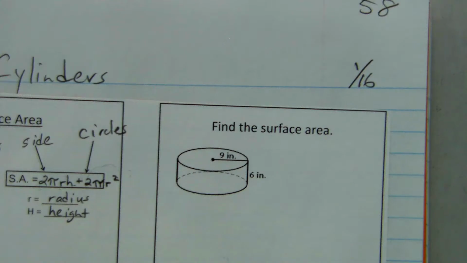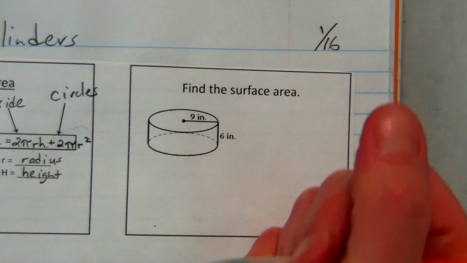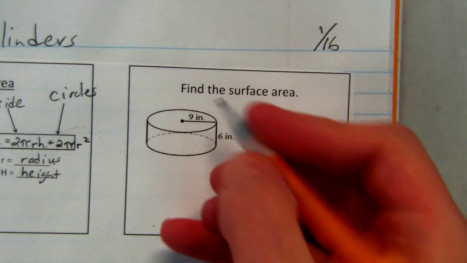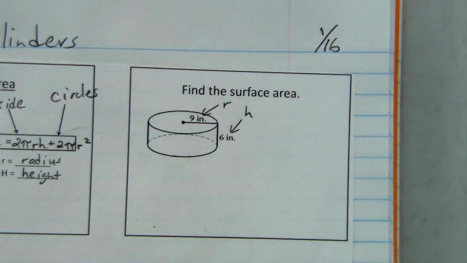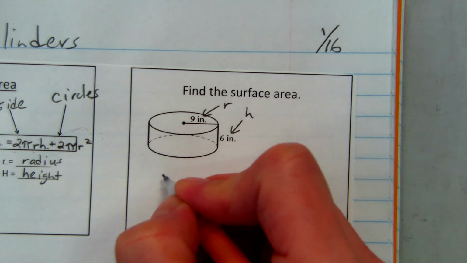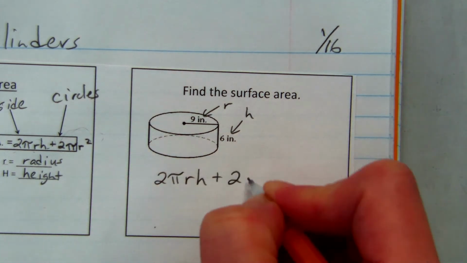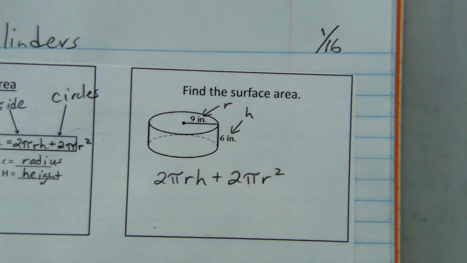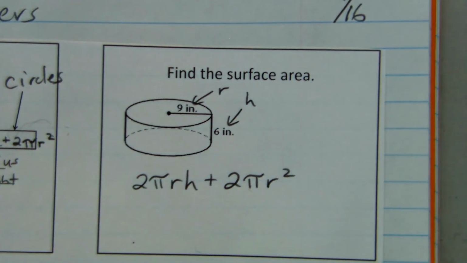Okay, so let's take a look at this problem. It says find the surface area. So the first thing you have to do is locate the radius and the height. So my radius is going to be 9. My height is going to be 6. So our formula is 2 pi RH plus 2 pi r squared. Since I had it so squished on that other box, I'll write it out a little bit bigger here.